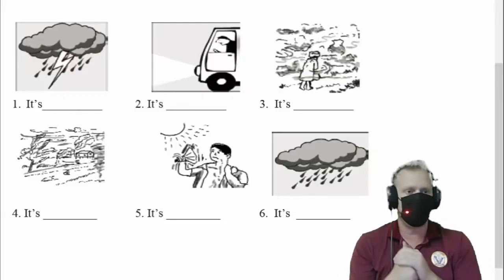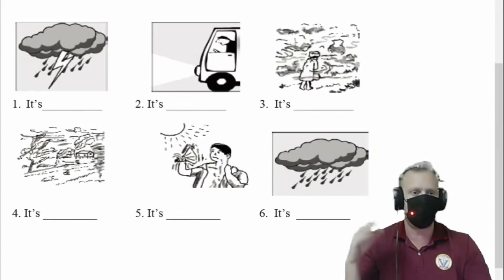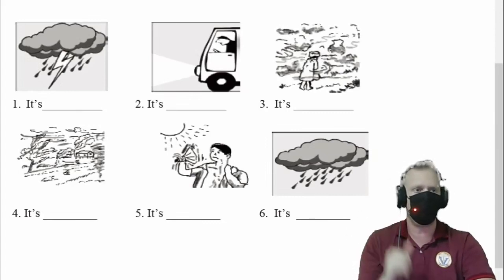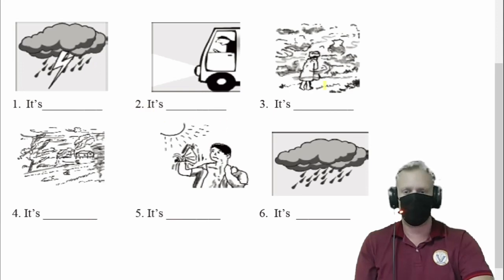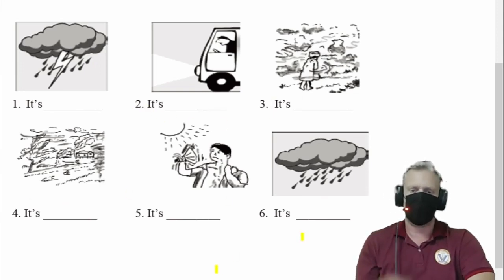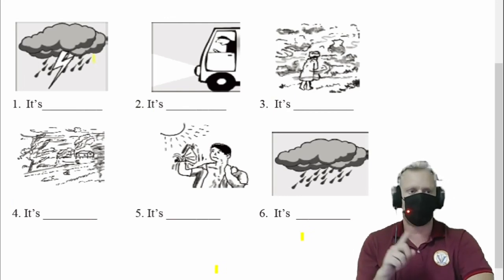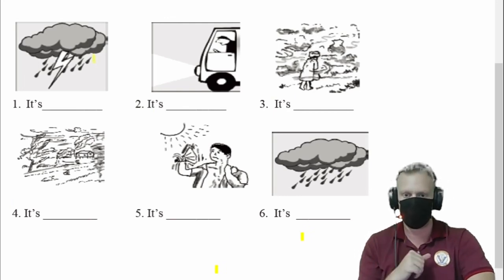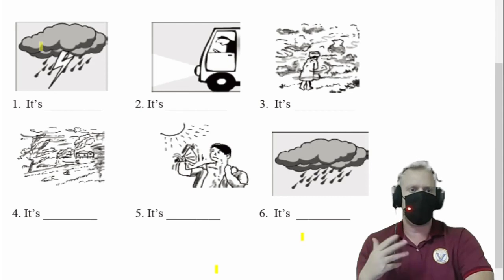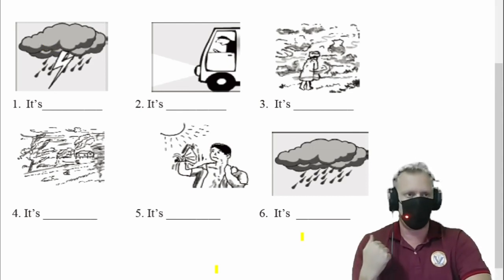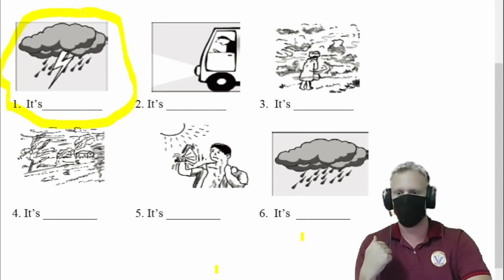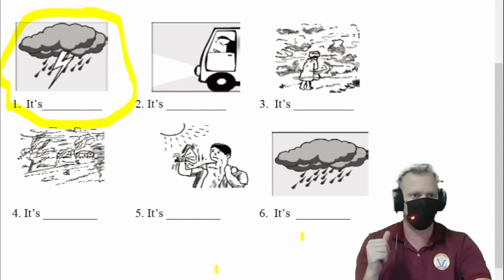Let's take a look at the pictures. Yes, we have 6 pictures over here. 1, 2, 3, 4, 5, and of course 6. Now, these 6 pictures tell you what is in them. Let's take a look at picture number 1 first. We have clouds.